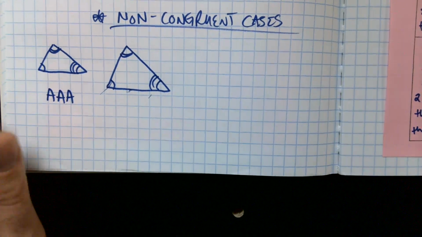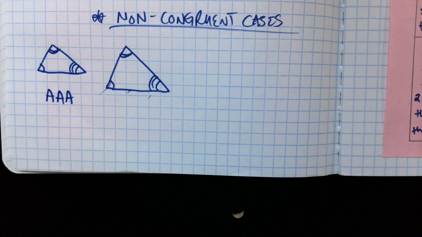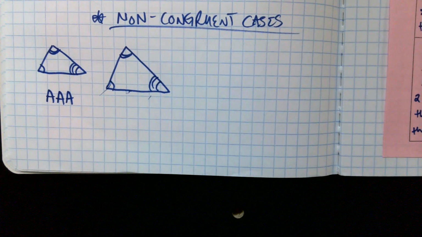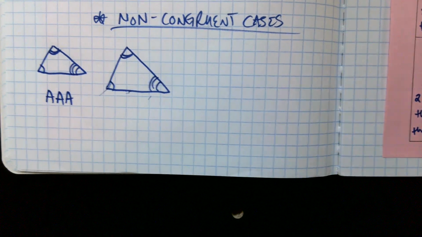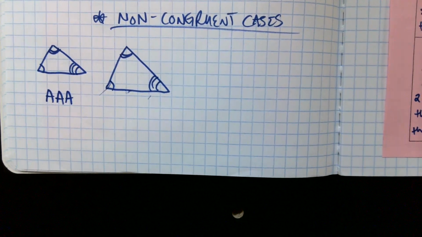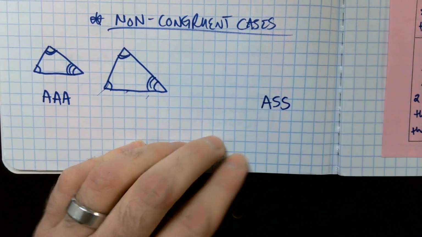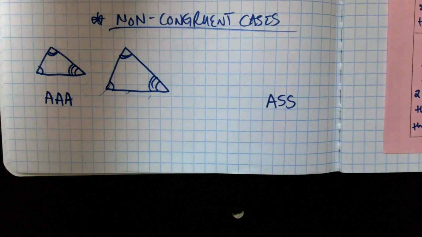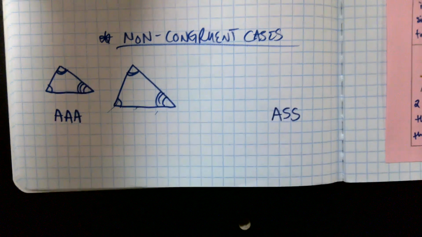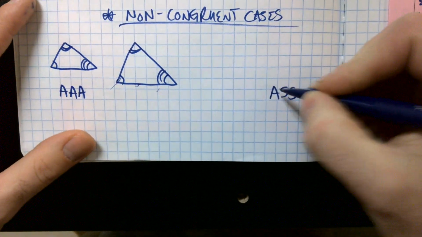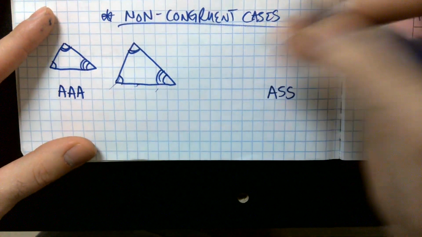So, angle. Don't worry about the eyeballs. Not necessarily congruent if all my angles are congruent, right? What's another case? What's the only other case that we're missing here? Angle, side, side. What does that look like?